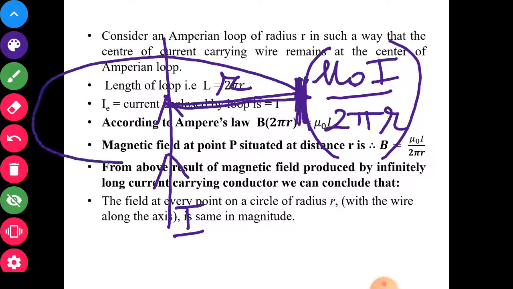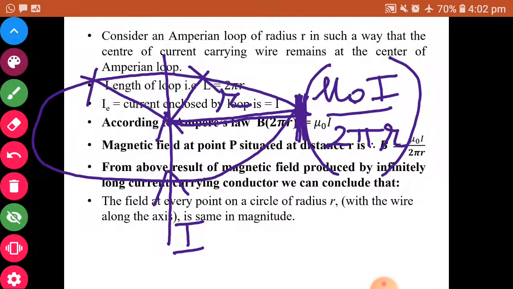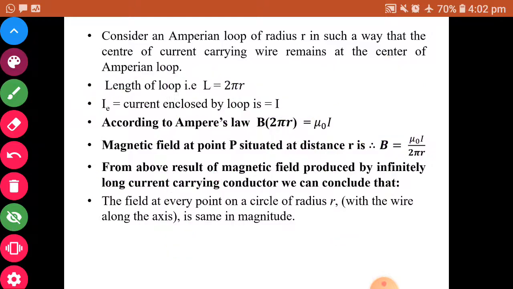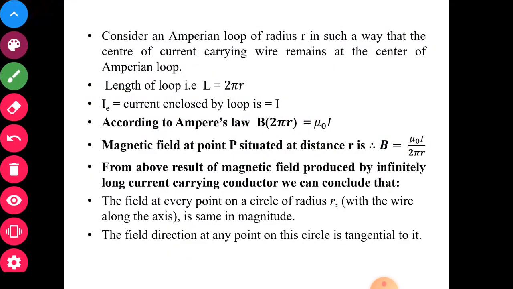Say you have a circle, then the magnetic field will be the same at all the points on this circular loop. The field direction at any point on this is tangential to it.